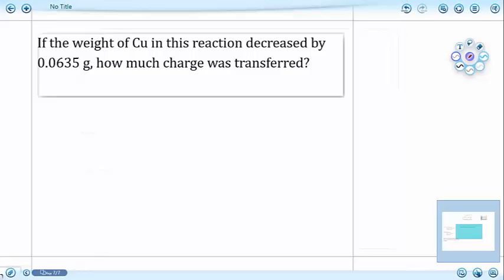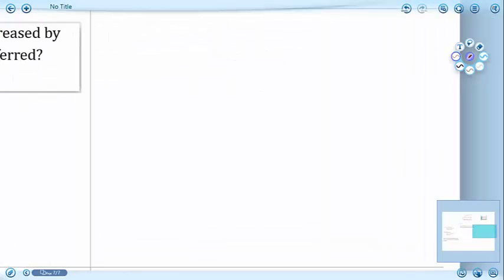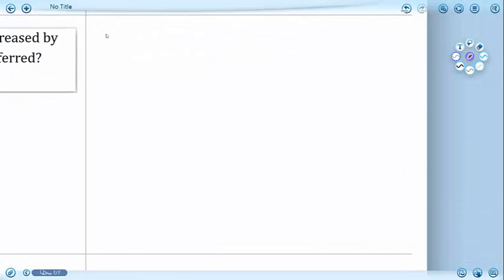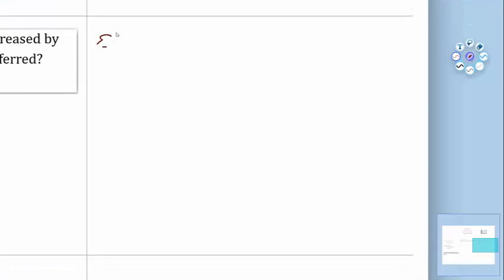Okay, let's talk about two concepts before we get to an example problem there. The first concept that I want to talk about is electric charge.